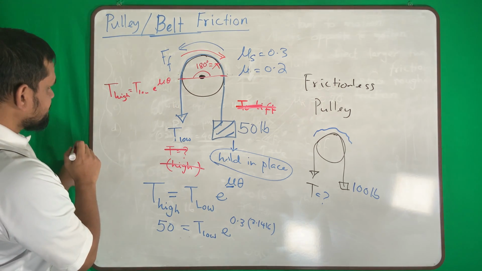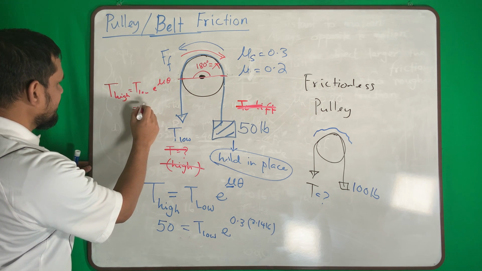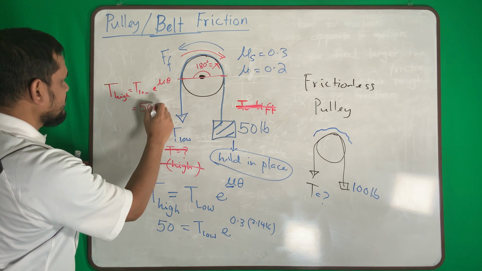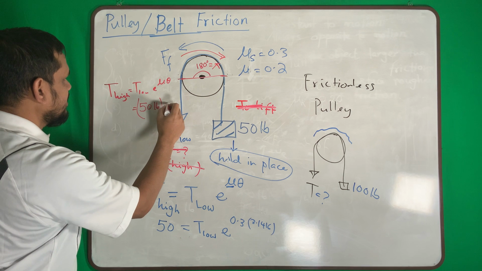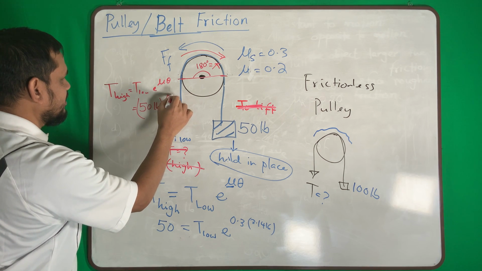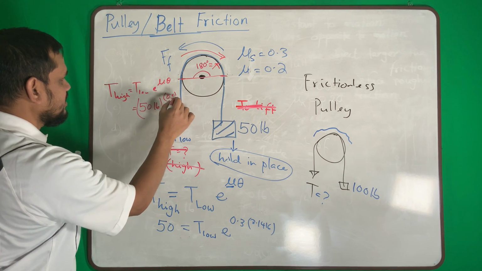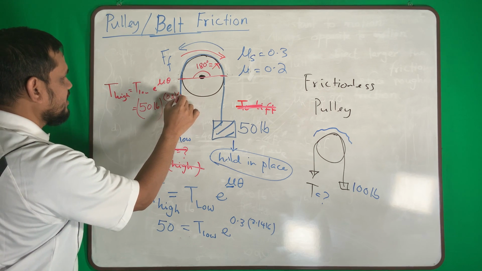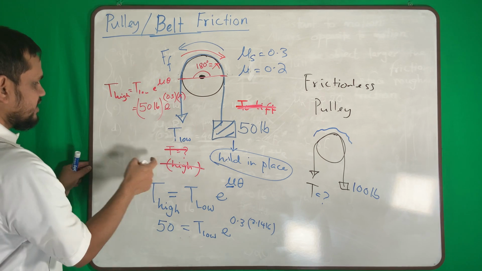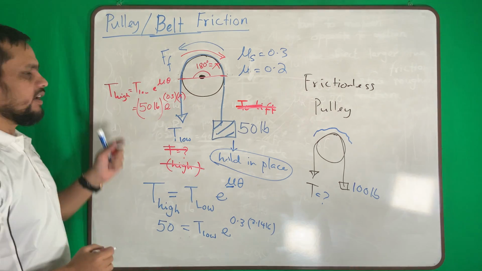My T low will be 50 pound times e to the power 0.3 pi. So in that case, my T will be T high.